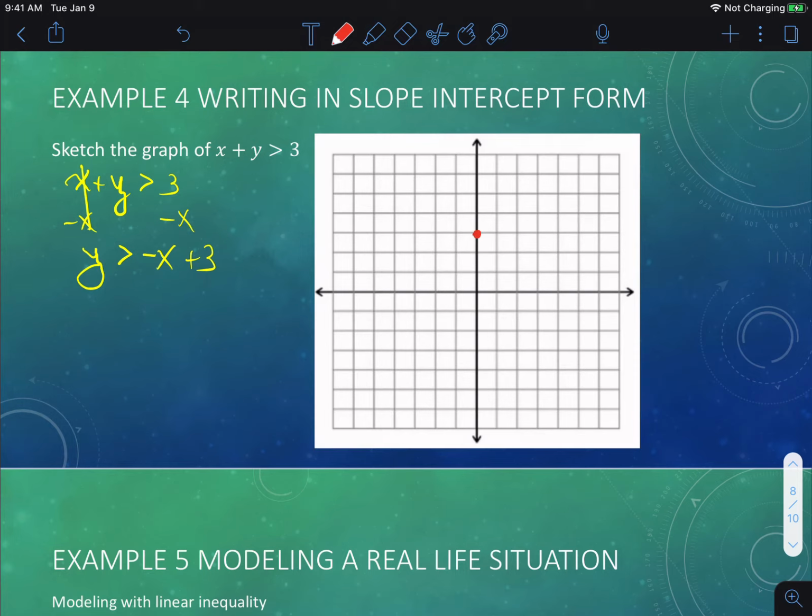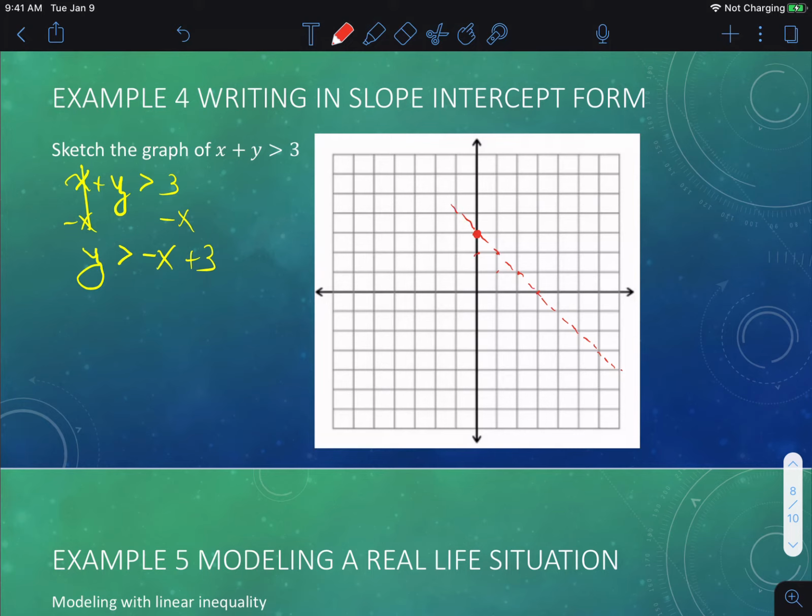That means we're going to go down 1 and over 1, and down 1 and over 1. And we know that these are points that are on that line. So we can just go ahead and graph that line. And actually, I'm going to graph it as a dashed line because it's just greater than without the or equals to part. So there we go.